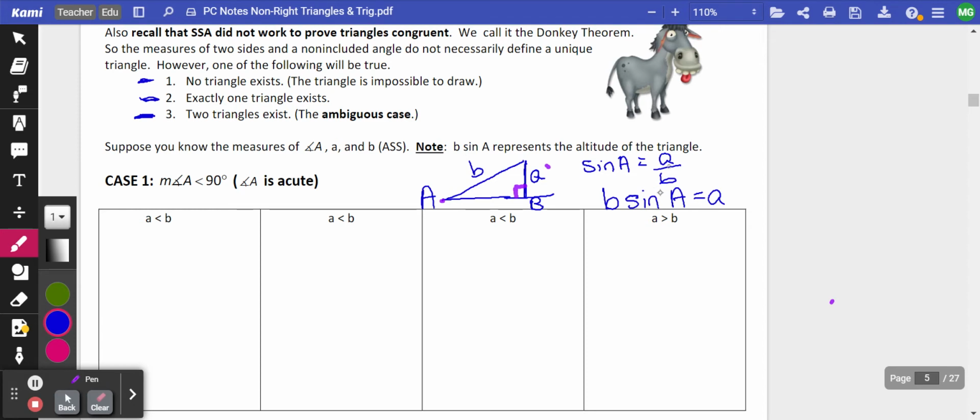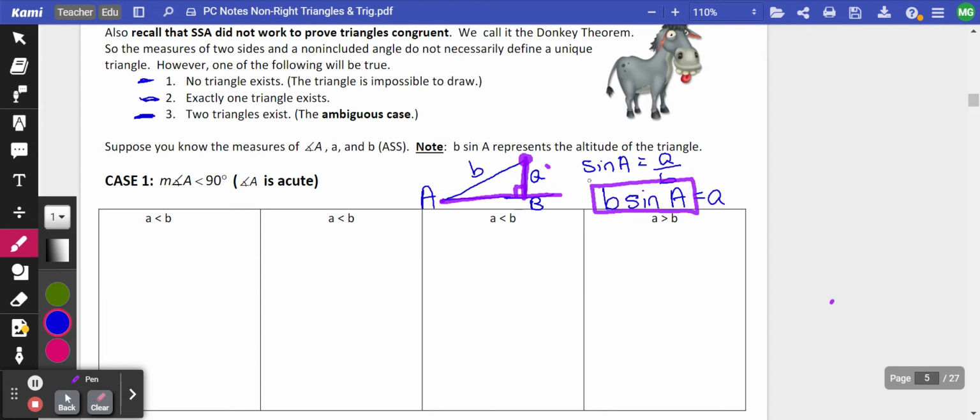Just doing a little rewrite, we get b times the sine of A equals the length of a. Now, here's the important part. b sin A actually represents the shortest distance from this point here to this side here. So, we're going to talk about how b sin A plays into whether we can have zero, one, or two triangles. So, let's get into it.